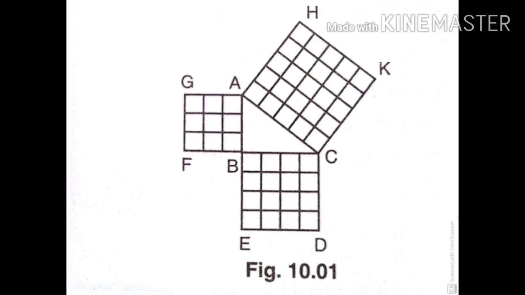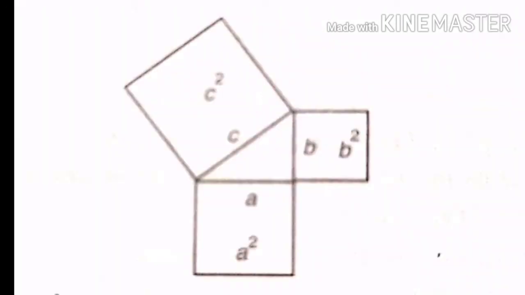Now students, see another figure. In this figure also there is a right angle triangle whose two sides are small a and small b, and the hypotenuse is given as small c. Now you can see that on side a there is a square and its value is a square, and on side b there is a square and its value is b square, and side c is the hypotenuse and its square is c square.